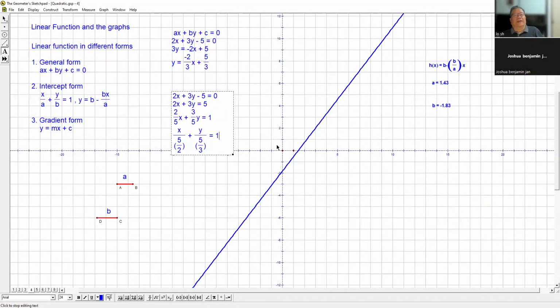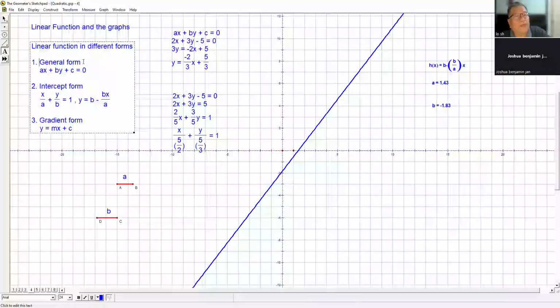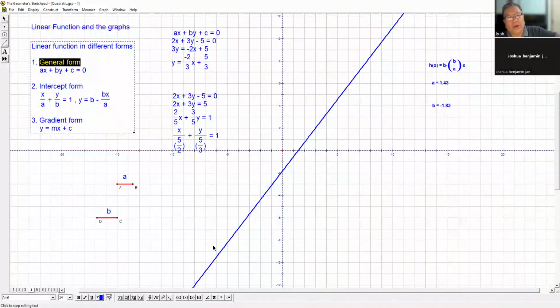So it's like this. Now, what I've shown you so far is an equation in general form, which is not very useful, but I can change this equation in general form to intercept form and also to gradient form.